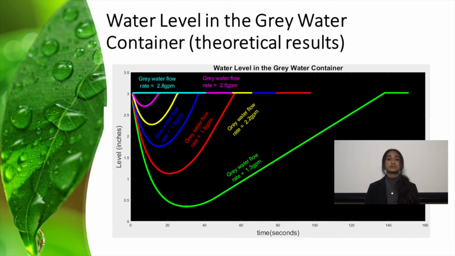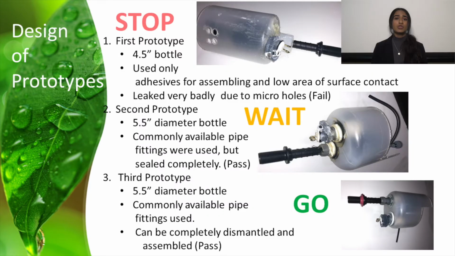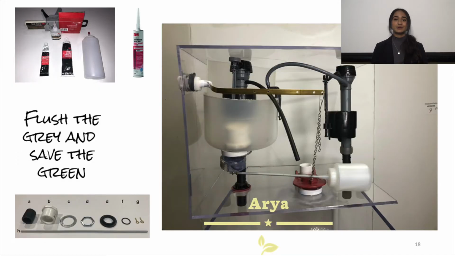I calculated this flow rate theoretically based on the design parameters and verified it with experimental data for every one of my prototypes. This helped me to fine-tune the design of ARIA. The minimum gray water flow required for ARIA is 2.3 gallons per minute. Although I had 2 other successful prototypes, I call my most efficient prototype ARIA.